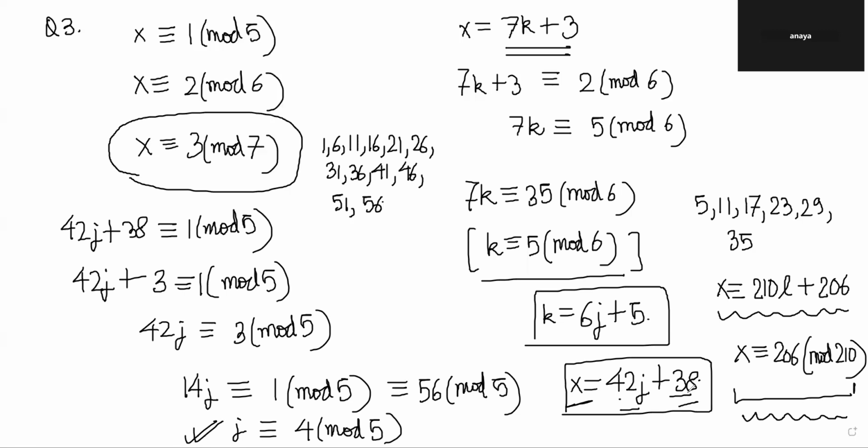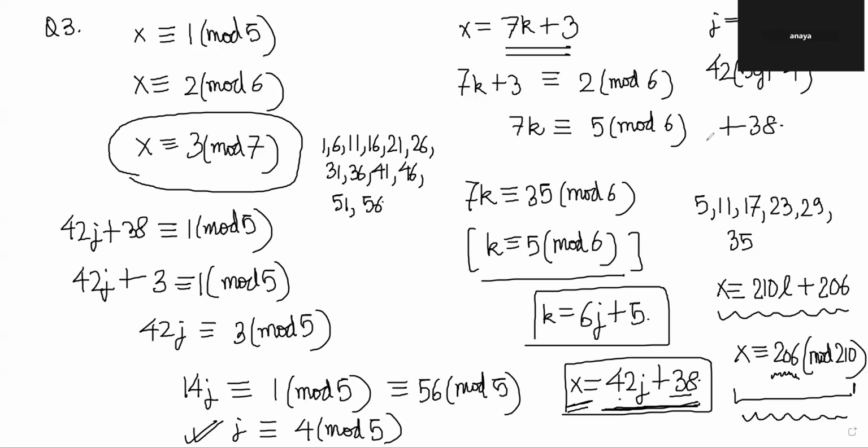4 times 42 plus 38 is not that, no? If you put 5y plus 4 times 42, that is 168. 168 plus 38 is 206, no? But you have to add the 4 at the end, right? You have x is equal to 42j plus 38, right? Yeah, and then you have j is equal to 5y plus 4. Do the calculations: 42 into 5y plus 4 plus 38.